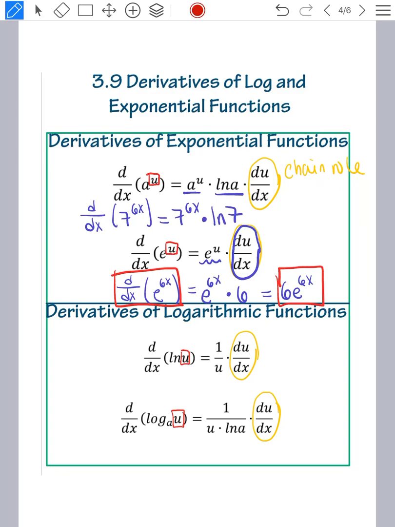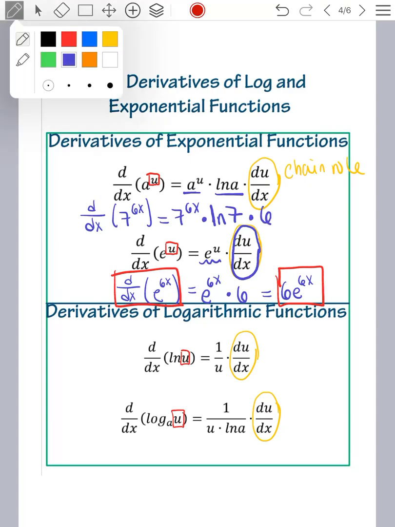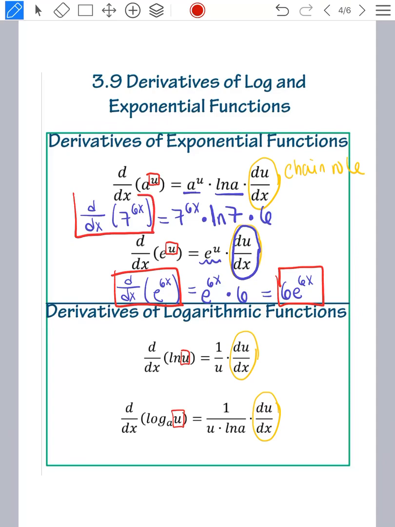Remember, natural log of 7 is just a constant. So there's this interesting idea that when we do a to the u, we're actually multiplying by another constant. And then we're also going to multiply by the derivative of the inside, which would be the derivative of the exponent, which is 6.